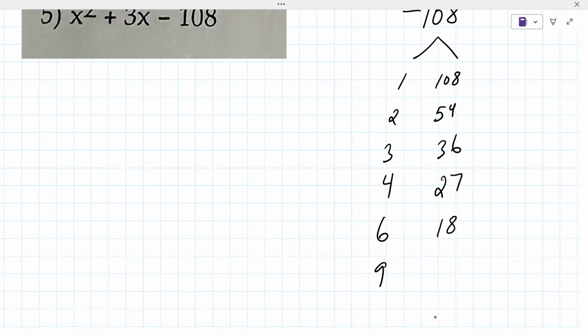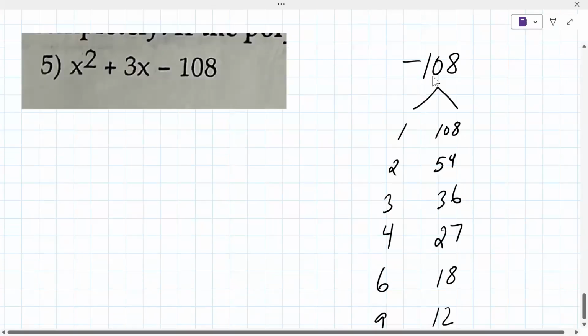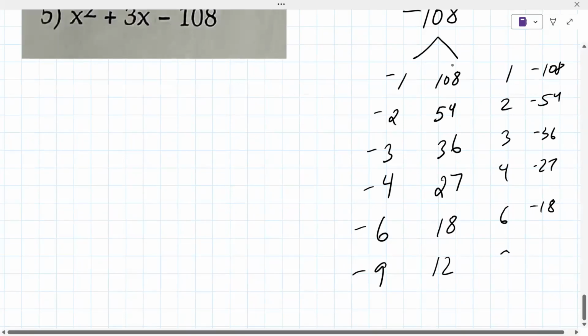12, good. Eventually you run out of numbers: you get to 10, 11, you get back to 12. Now, we really want negative 108. So it's really negative 1 and 108, or 1 and negative 108, or 2 and negative 54, 3 and negative 36, 4 and negative 27, 6 and negative 18, 9 and 12.